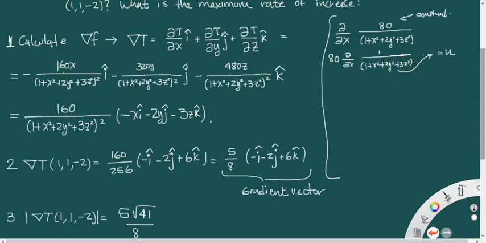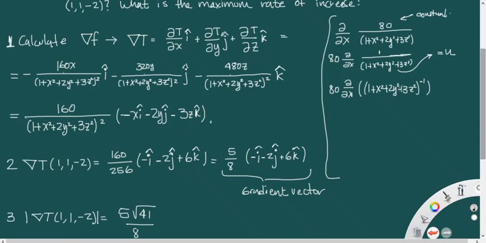Okay, so we have now that the derivative of this is going to be equal to, let's say, 80 times the partial derivative with respect to x. Let me write this as x squared plus 2 times y squared plus 3 times z squared to the minus 1.